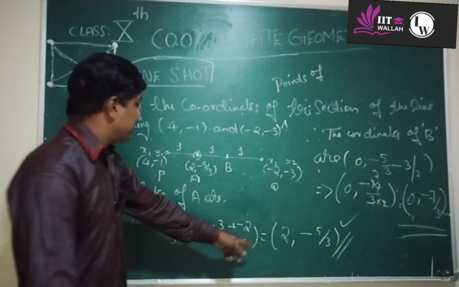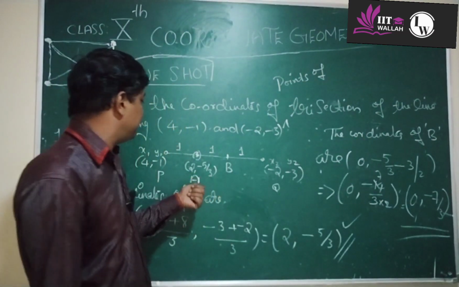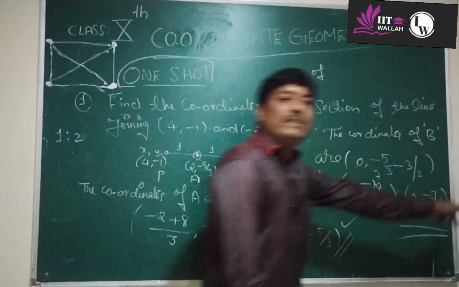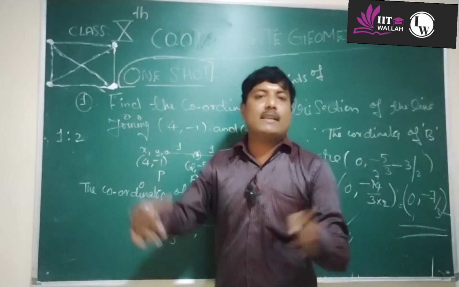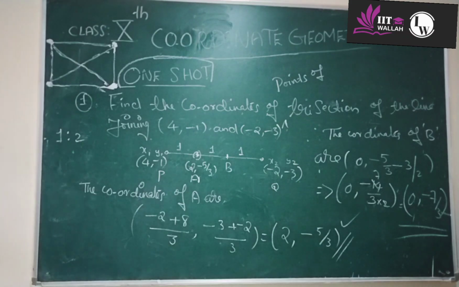So one point has coordinates 2, minus 5 upon 3. That is the point A. The point B has coordinates 0, minus 7 upon 3. This calculation you should do very carefully, otherwise you may go wrong in the calculations. Right?